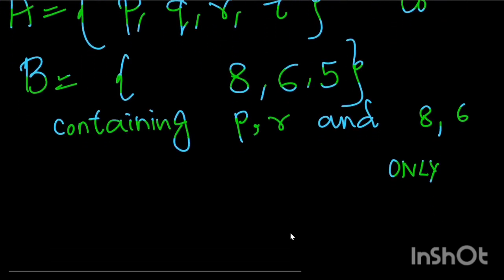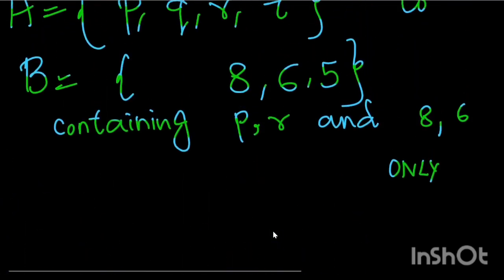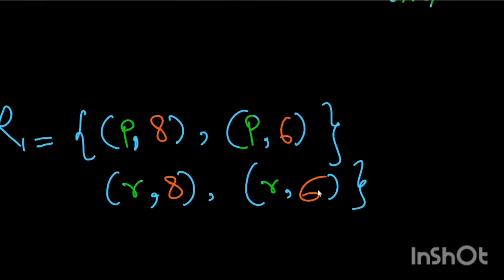So we can write the first elements P and R like this. So P we will write, R we will write. Now the second element should be 8 or 6. So we'll fill it with 8, 6, 8, 6. So that way it is done, guys.